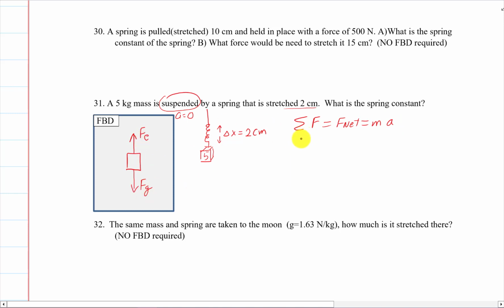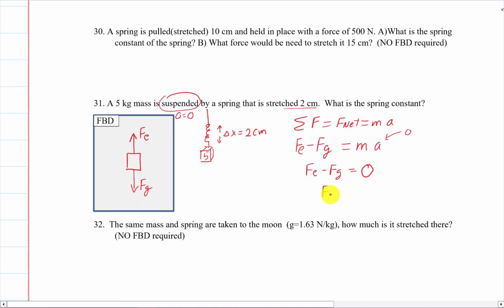There's not one that's winning, so I'll just go elastic force is winning, minus the force of gravity is equal to ma, but a is 0, so that means the elastic force minus the force of gravity is equal to 0.